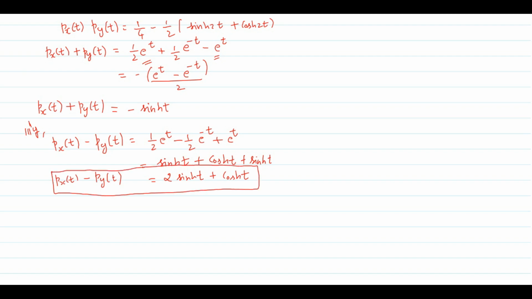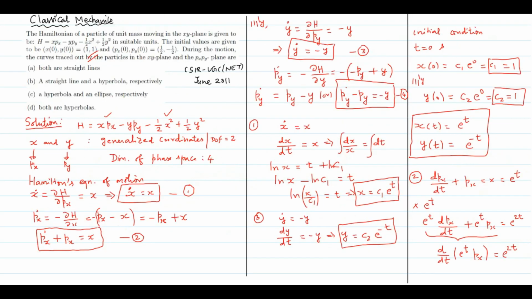Since I told you the sine hyperbolic t and cos hyperbolic t functions parameterize a hyperbola, therefore, like the previous case, in the p x p y plane the trace of the trajectory is a hyperbola. So both the cases are hyperbola. So the answer for this problem is both are hyperbola. So answer is D.